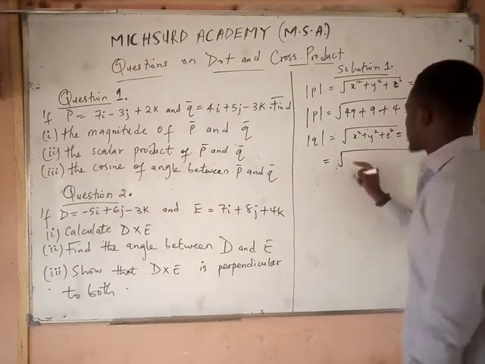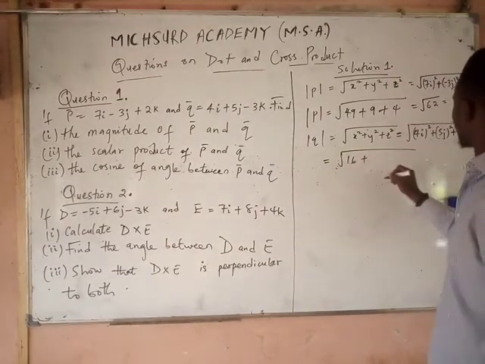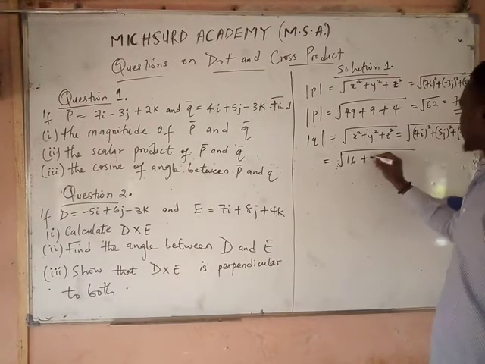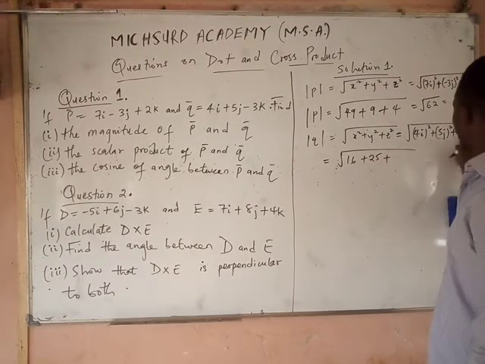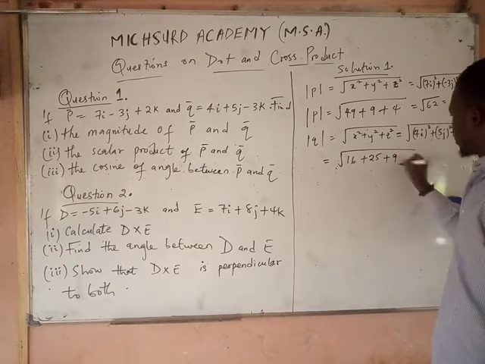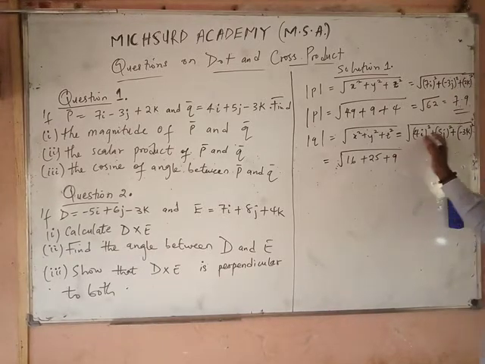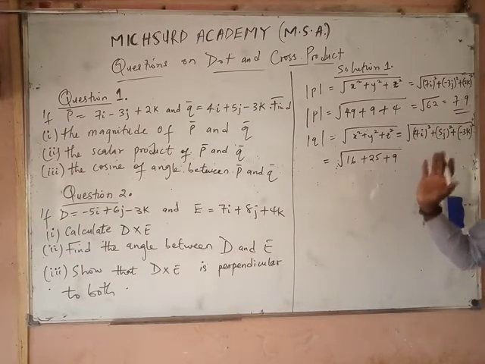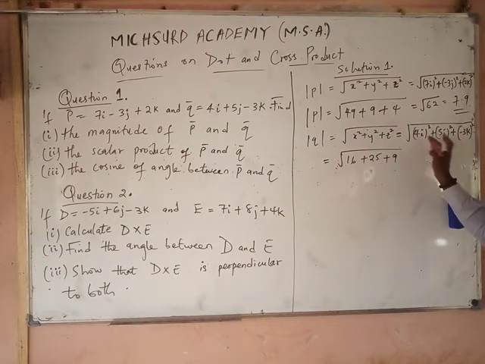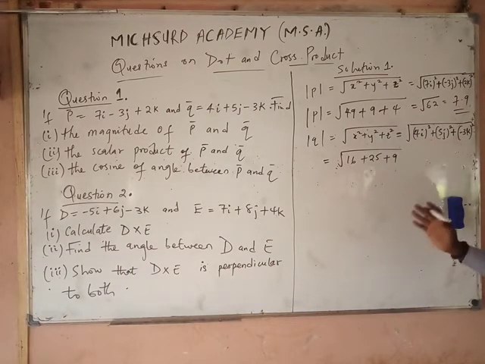So this will be equal to the square root of 4 times 4 is 16 plus 5 times 5 is 25 plus minus 3 times minus 3 is 9. We have the unit vectors here, they cancel out since their dot products are the same, equal to 1.